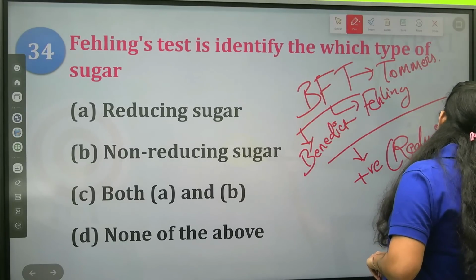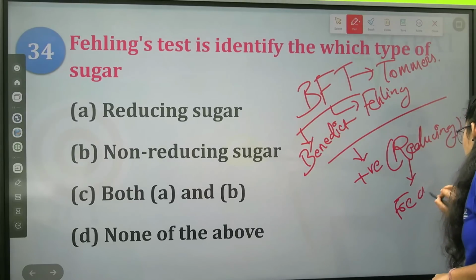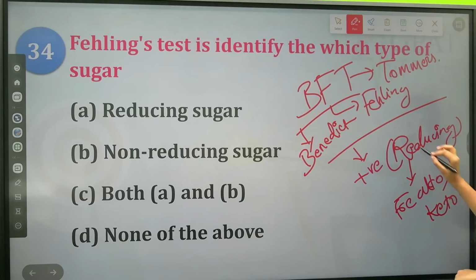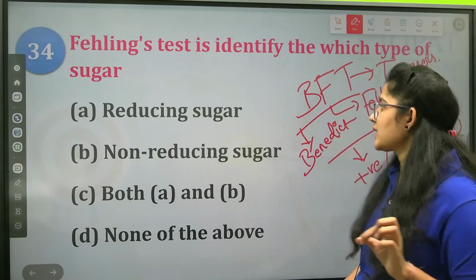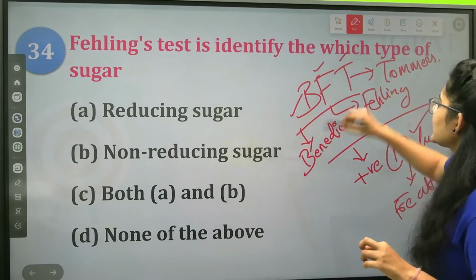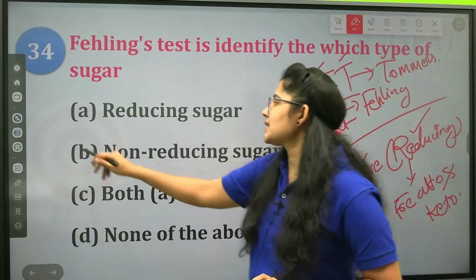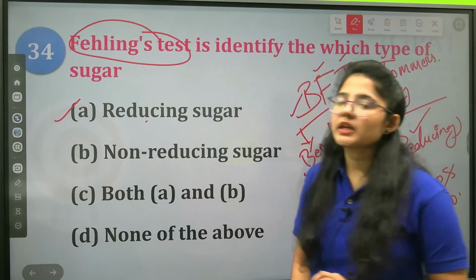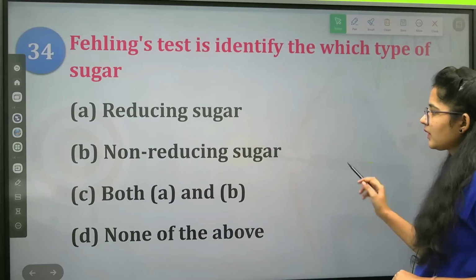And what is a reducing sugar? That means it has a free aldehyde or keto group. These are the reducing sugars, and they give a positive result for these 3 tests, Benedict, Fehling and Tollens test. Clear? So what will be the answer? The Fehling test gives a positive result for reducing sugar. Clear? Okay. Next question.